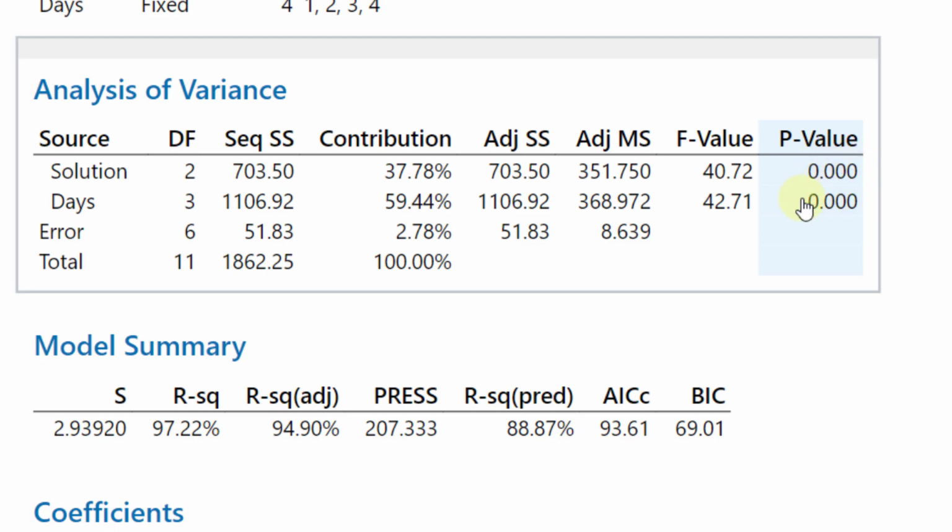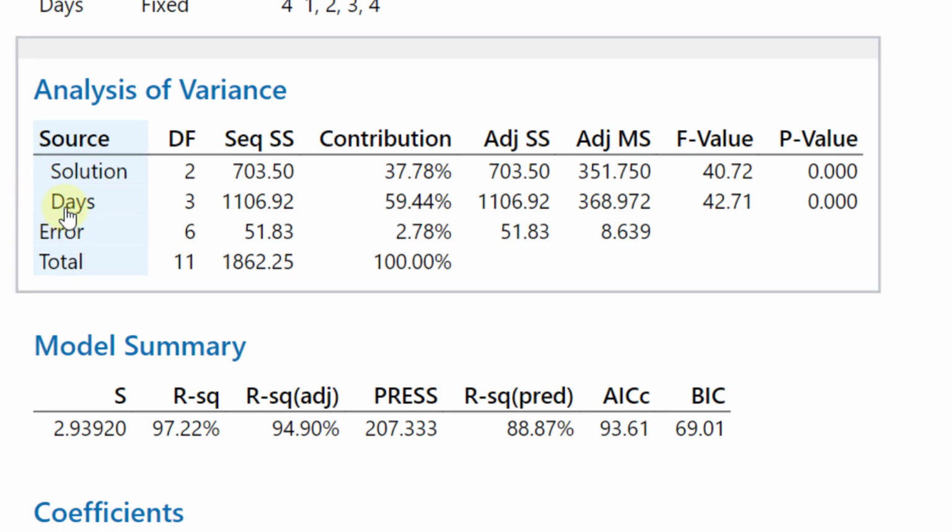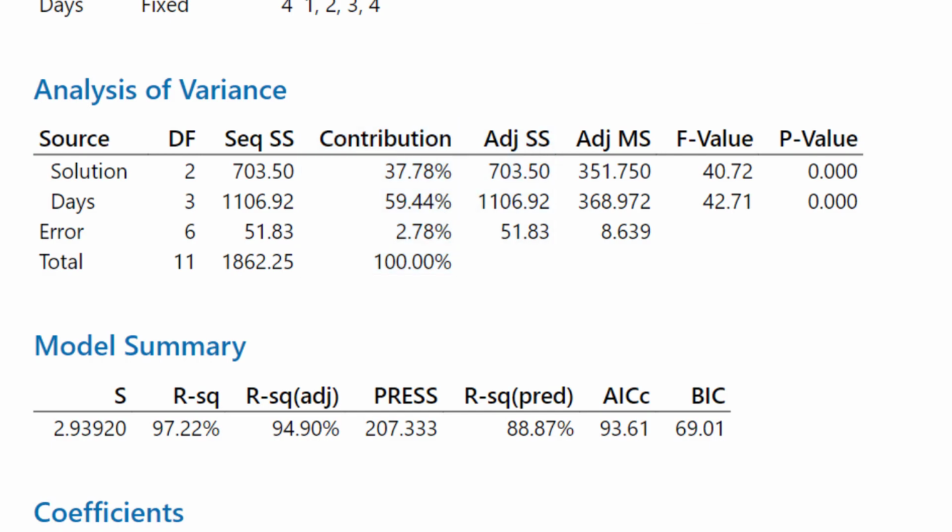Since both p-values are too small, both parameters are found to be significant, or you can say there is a significant blocking effect of the days on the response variable. And we have separated a huge effect of the days from our results. You can say 1106 is the sum of squares, and around 59.44% blocking effect of the days was there.